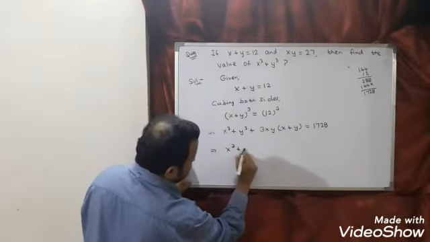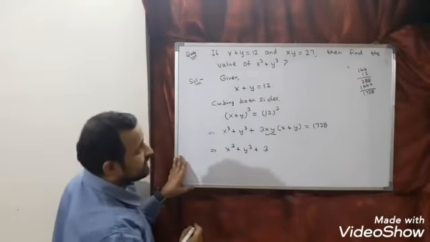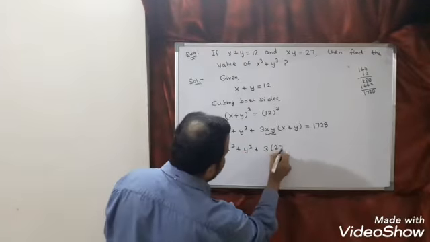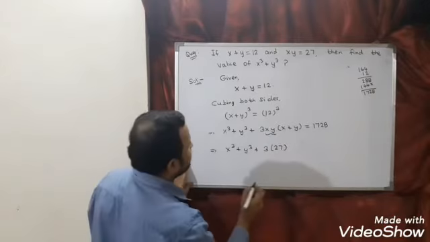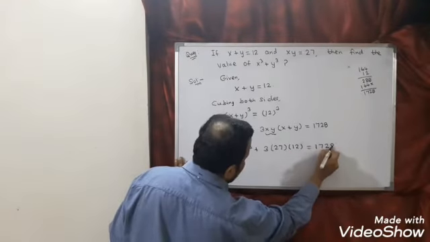So this we can write as x cube plus y cube plus 3, what is xy given? xy is given to be 27. And what is x plus y given to be? It is 12, is equal to 1728.